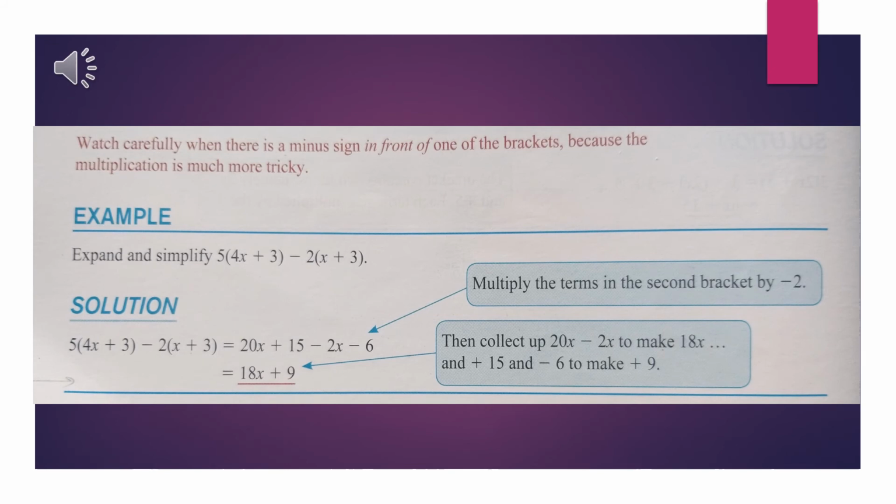Next, watch carefully when there is a minus sign in front of one of the brackets, because the multiplication is much more tricky, and this is the place where most of the upper form and lower form 5 students go wrong.